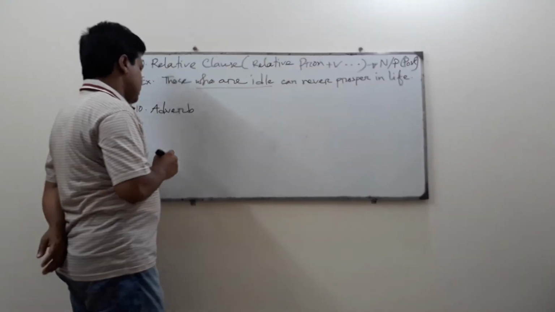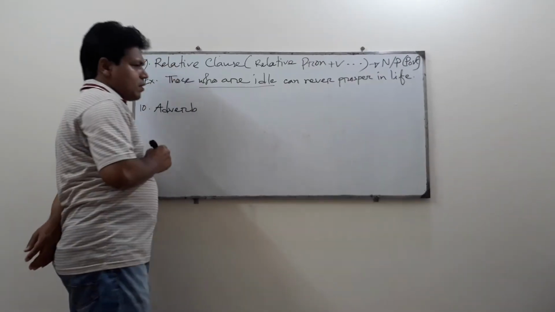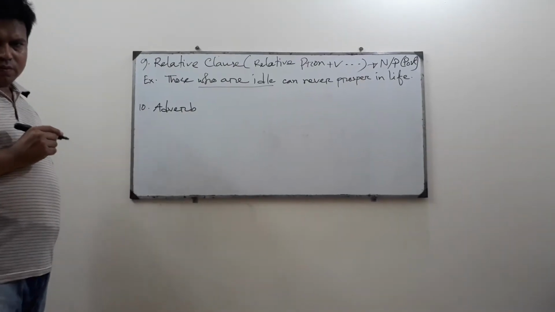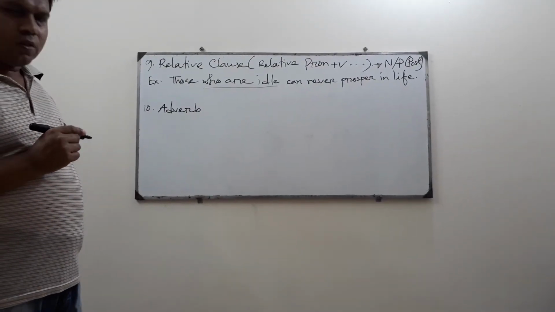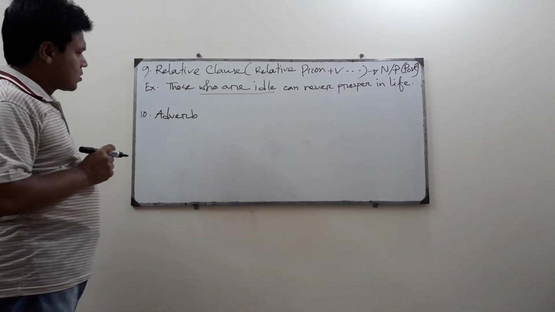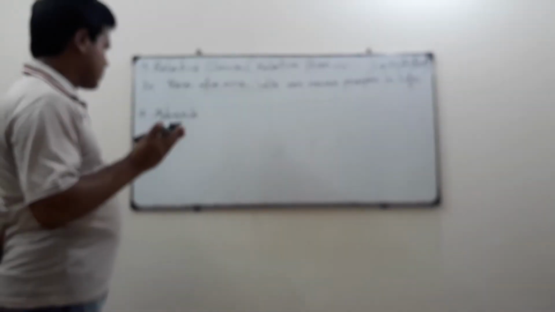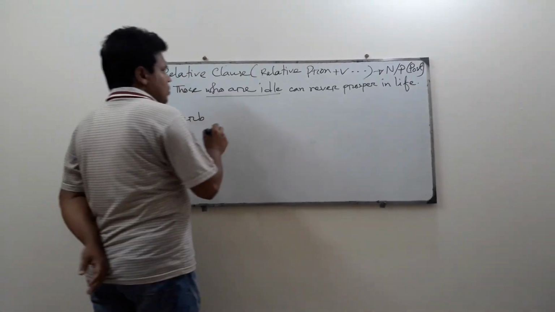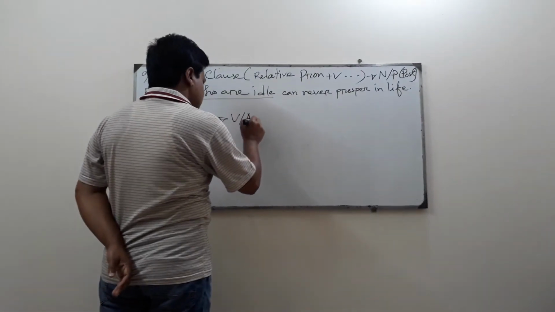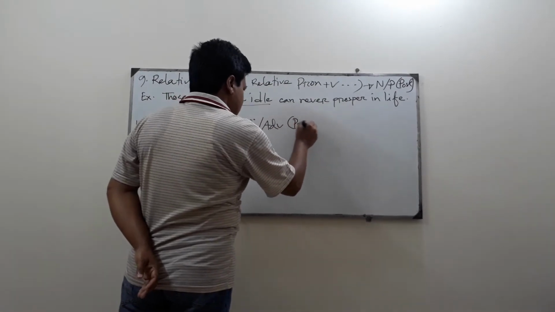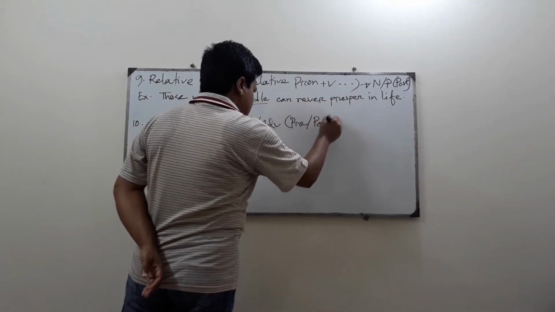We know that an adverb is a word which, look, an adverb is a word which modifies a verb, an adjective or another adverb. So it can modify a verb, an adjective or an adverb and it may be a pre-modifier or post-modifier.